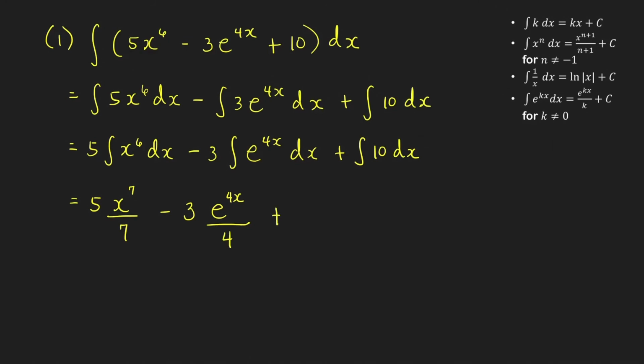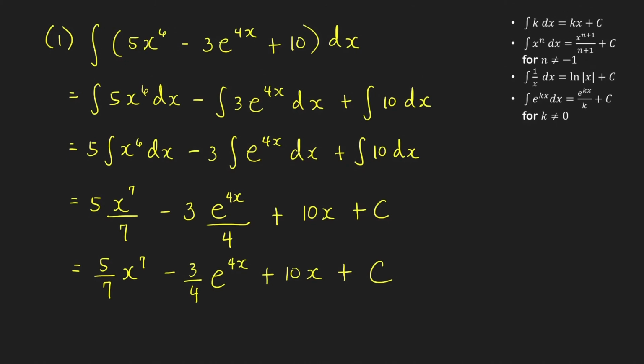And then plus, you have here the integral of a constant, so just copy the constant and multiply it with x, and then plus c. So we can write our answer as 5 over 7 x raised to 7, minus 3/4 e raised to 4x, plus 10x, plus c.